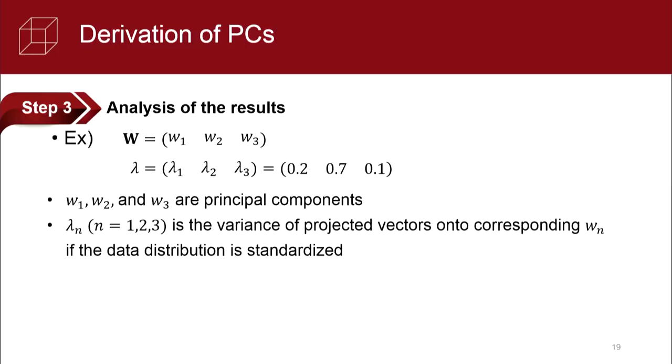Let's say these are the eigenvectors of S, and lambda 1, lambda 2, lambda 3 represent the eigenvalues. Indeed, W1, W2, W3 are the principal components. And lambda n represents the variance of the projected vectors onto the corresponding principal component, if the data distribution is normalized.